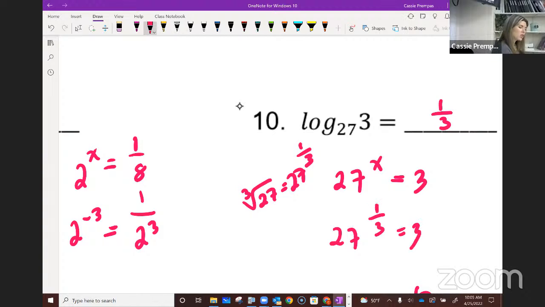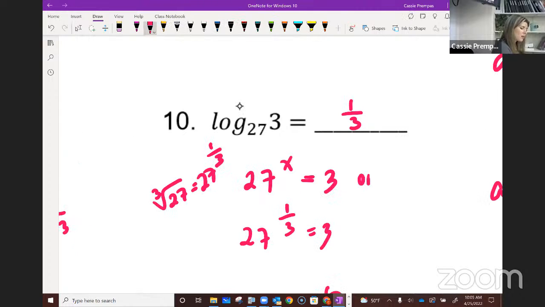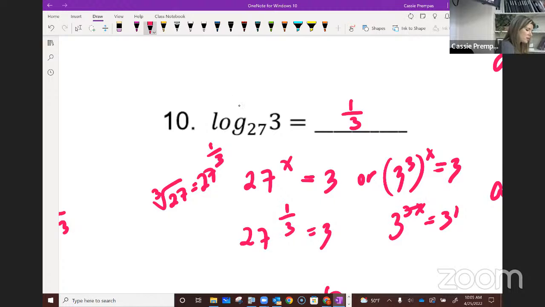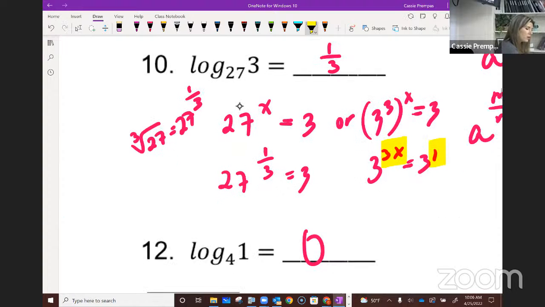Or the way that we originally looked at it in class is 27 is 3 cubed. And then you could say 3 to the 3x has to equal 3 to the first. We looked at once the bases are the same, the exponents have to be the same. So you can set 3x equal to 1 and then still determine that that's 1/3. Either way, you need to know it's 1/3.